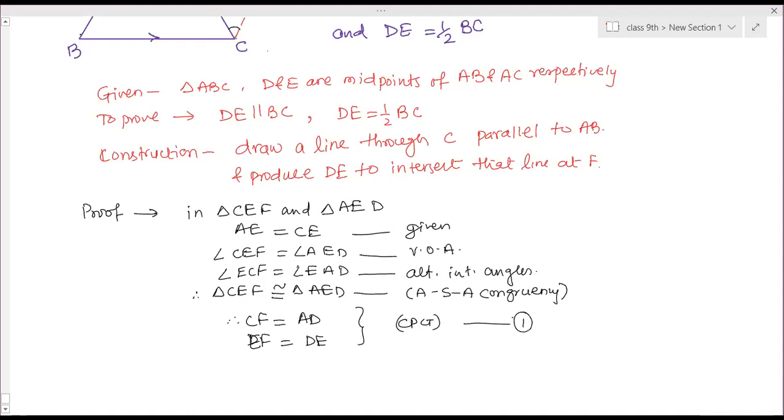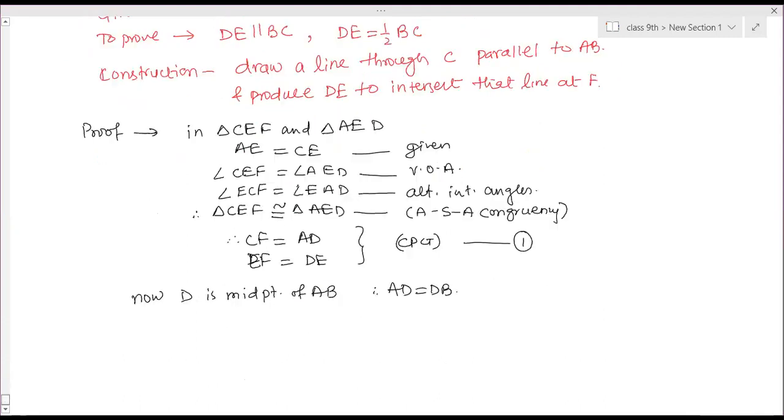I'll make this equation 1. Now D is the midpoint of AB. Therefore AD is equal to DB. From 1 and 2, CF is equal to DB. Also CF is parallel to DB, by construction.